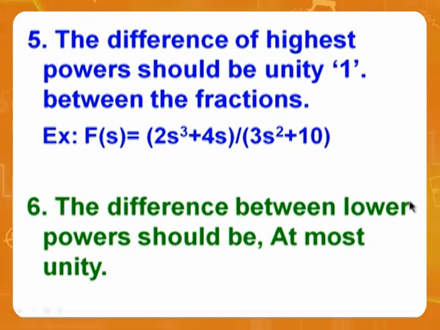The difference between the lower values also, at the most, should be unity. How do I mean that? Here is 4s, here is 10. This is s power 1, this is s power 0. So please remember, highest powers differ by unity, lowest powers also differ by unity. These are called properties of PRF function.